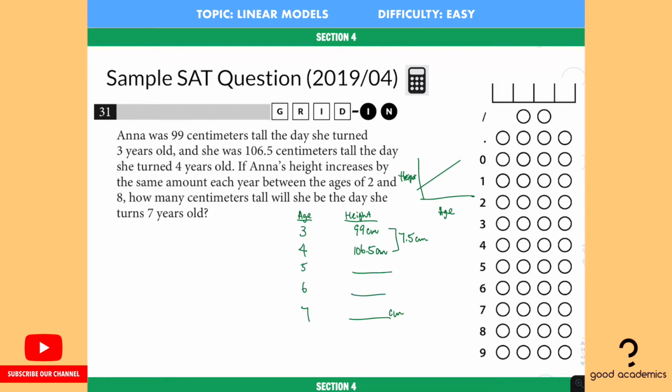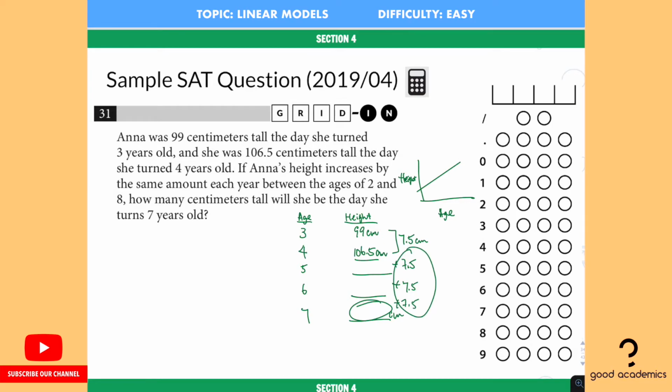You're going to add 7.5 to 106.5 once, and then you are going to add 7.5 again to get the age 6 height, and then you will add another 7.5 to the age 6 height, then you will get the age 7 value. So altogether you are going to add 7.5 3 times.